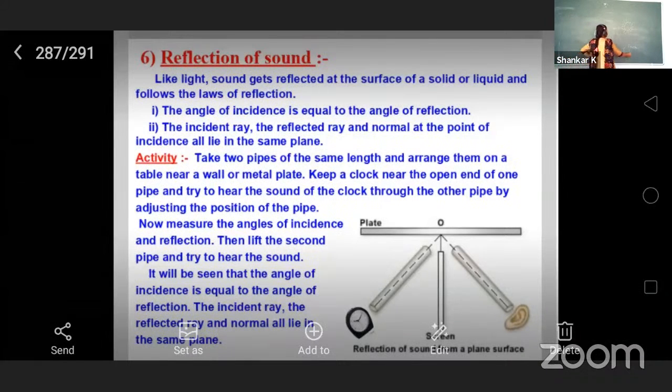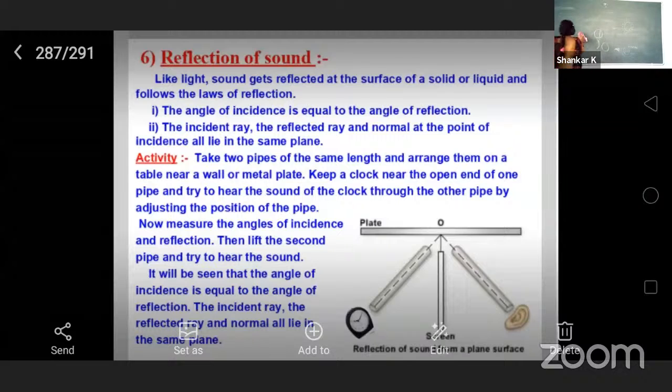So what happens in this time is that the sunlight sometimes falls fully on the moon, as in the full moon, sometimes half, crescent, and sometimes no moon also. When the sunlight does not fall on the moon, you can see there is no light in the moon's place. This is the reflection of light.